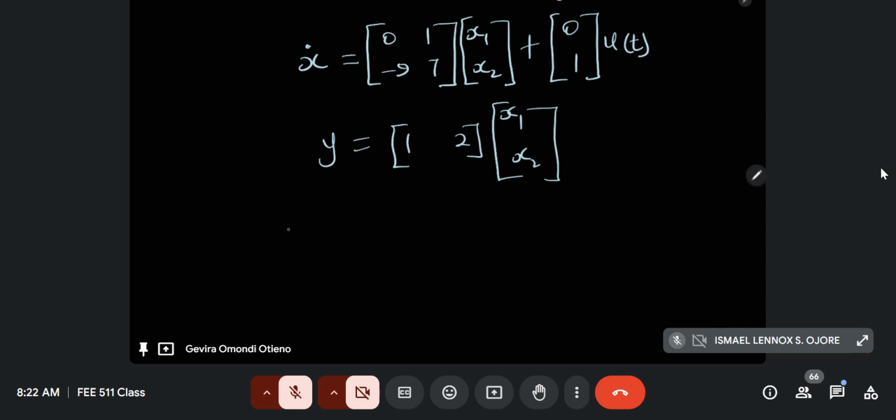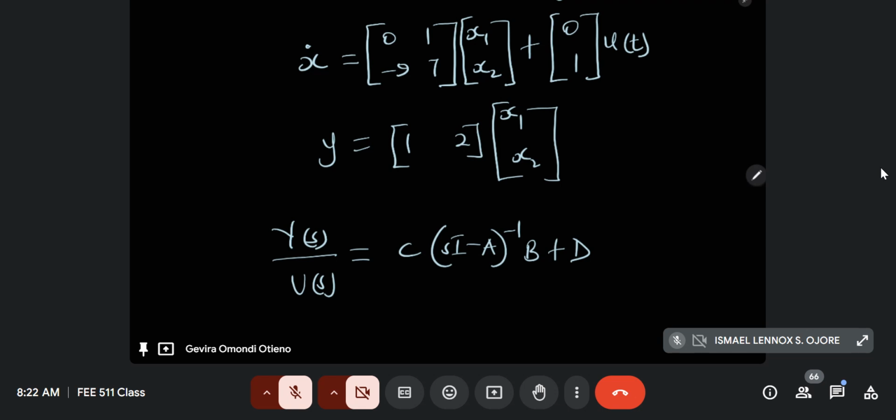Okay. So again, remember that given this, you just need to use the formula for the conversion. The formula, remember, is Y of S over U of S equals C, SI minus A inverse, B plus D. That's the formula. So you have to know what A is, what B is, what C is. And we have done this before. We have defined this before.